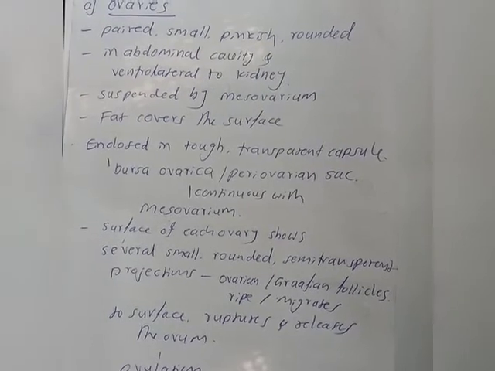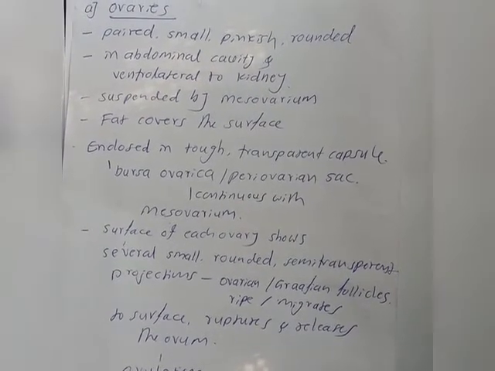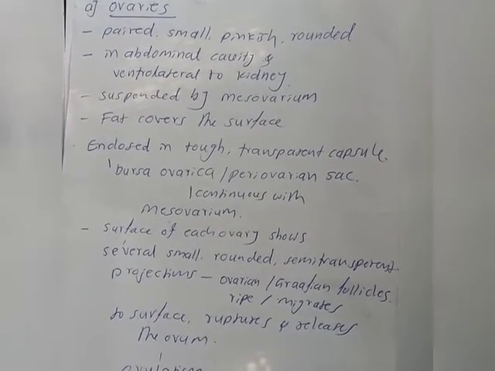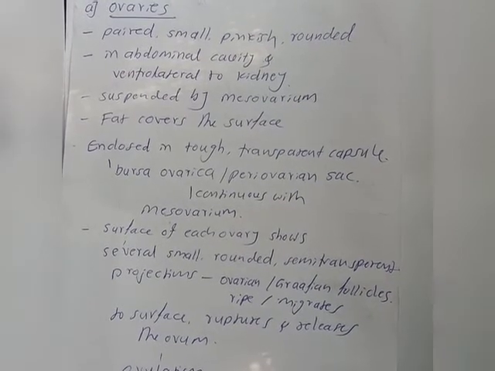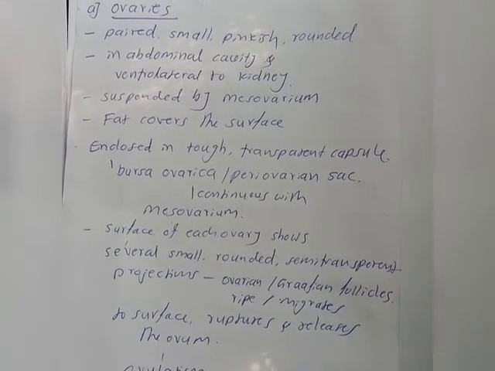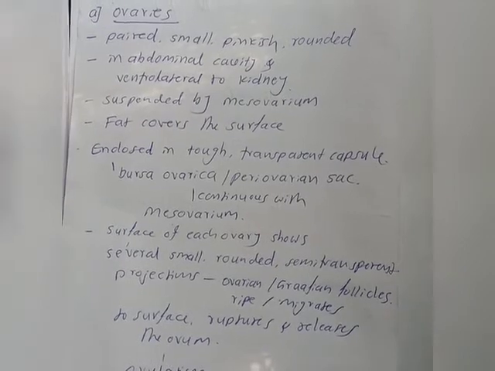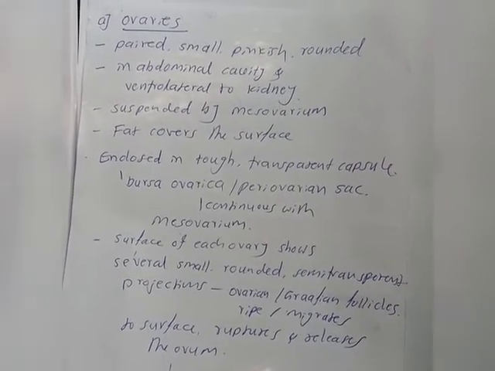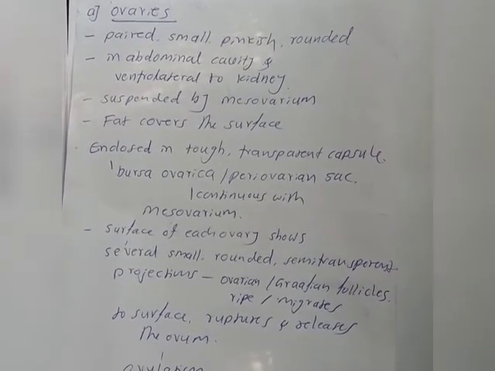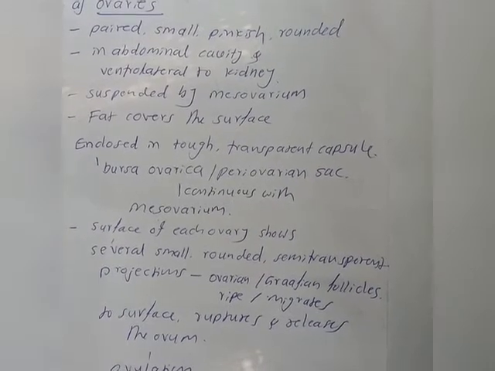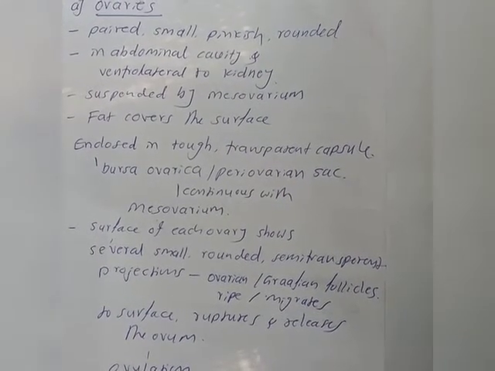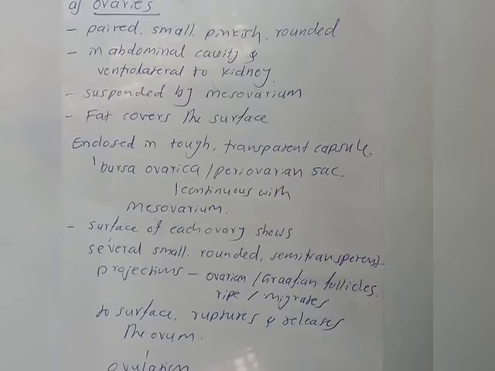Each ovary gives a blistered appearance when ripe. Ripe मध्ये ज्या वेळेला मॅच्युअर होते, that is called as the ripe. This appearance is due to presence of ripe Graafian follicles containing ova.